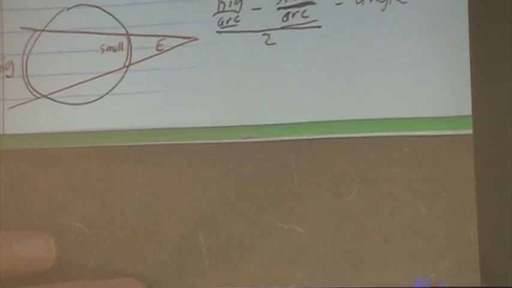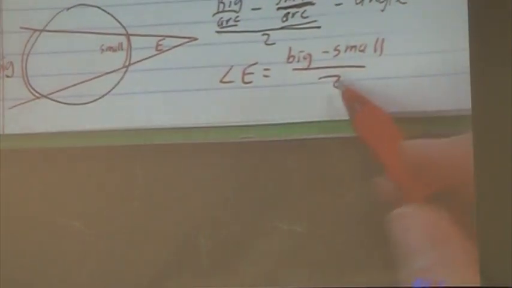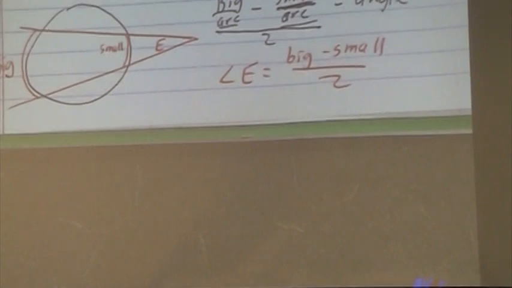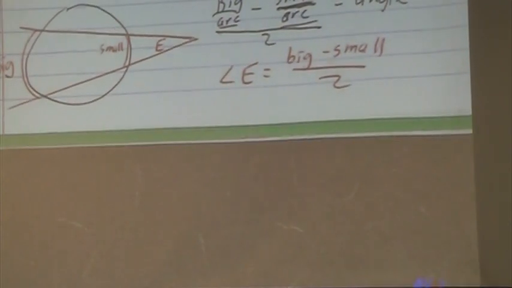Equals your angle. And then we divide all that by 2. I think I divided early there. So if you want to write it again, angle E equals big minus small, divided by 2. But there you go. So we will run through some of these next in the examples video.